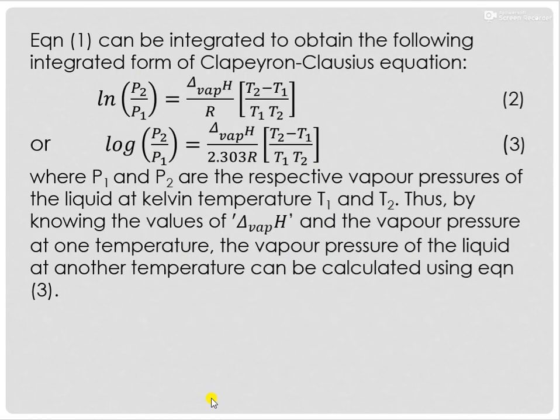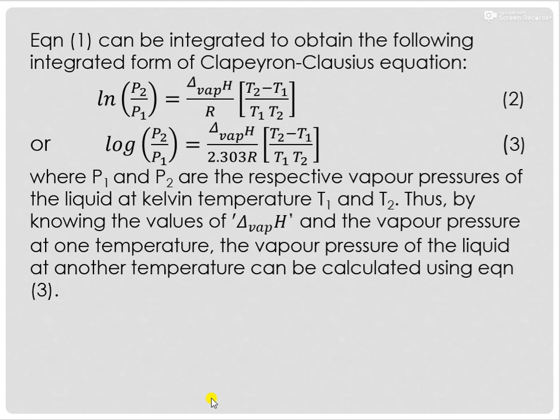The equation can be integrated to obtain the following integrated form of the Clapeyron-Clausius equation: ln P2 by P1 equals delta vaporization H by R into T2 minus T1 by T1 T2. Converting to log base 10, log P2 by P1 equals delta vaporization H by 2.303 R into T2 minus T1 by T1 T2.